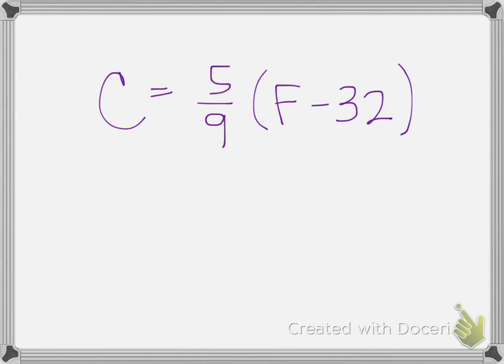All right, last one on here. This is the formula for Fahrenheit and Celsius. So this is actually Celsius is equal to 5/9 times the Fahrenheit minus 32. So on this one, let's go the other way and let's get the formula for Fahrenheit.